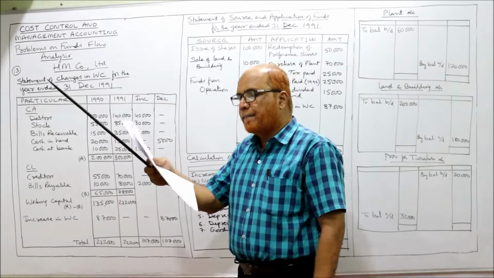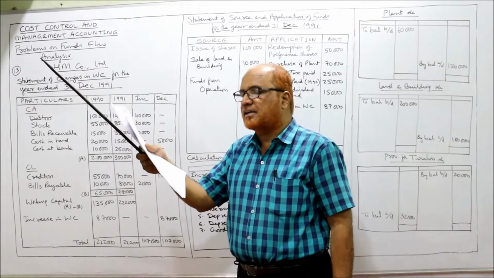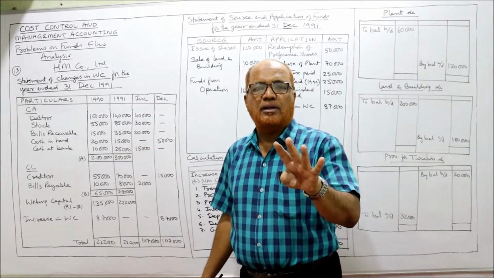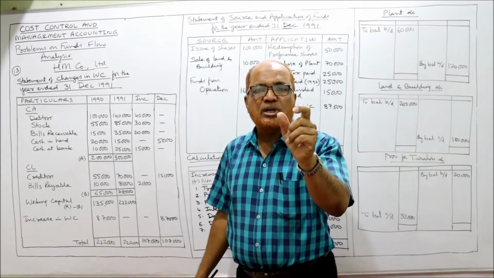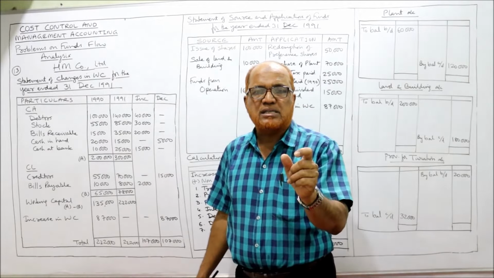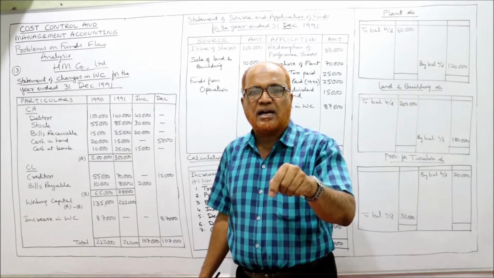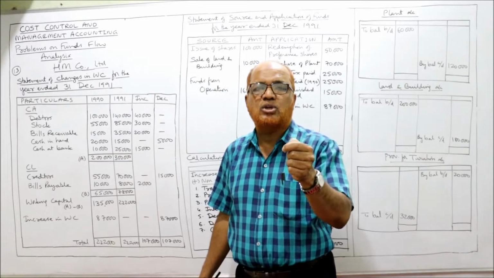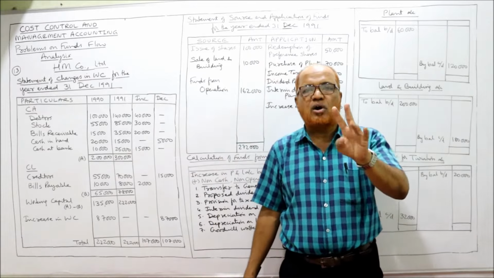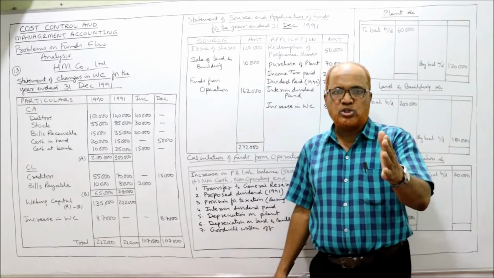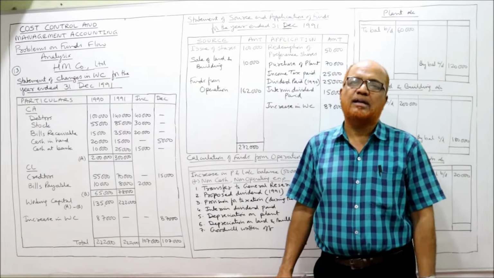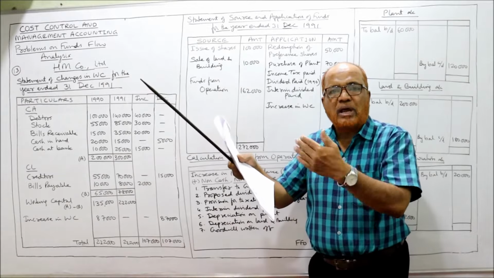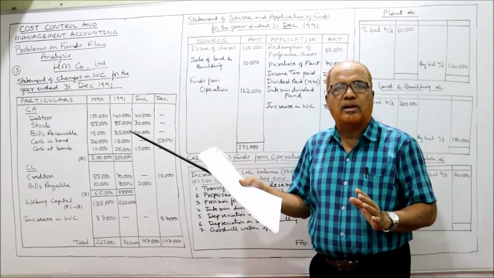Now current liability, we are given proposed dividend, creditors, bills payable, provision for taxation. Actually 4 current liability. But proposed dividend and provision for taxation, we can treat it as a current liability or we can treat it as an appropriation of profit. Two methods of treatment of this proposed dividend and provision for taxation. If nothing is given in adjustment, then we would have treated those as current liability only.